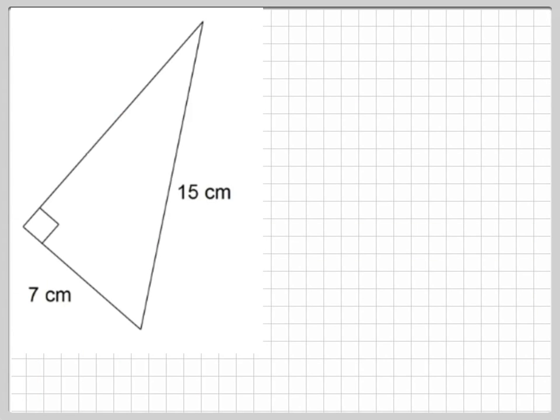Now, ladies and gentlemen, here is the feature attraction. This is what's known as a right-angled triangle, so called because that angle there in the left-hand lower corner is a right angle. What do I mean by a right angle?